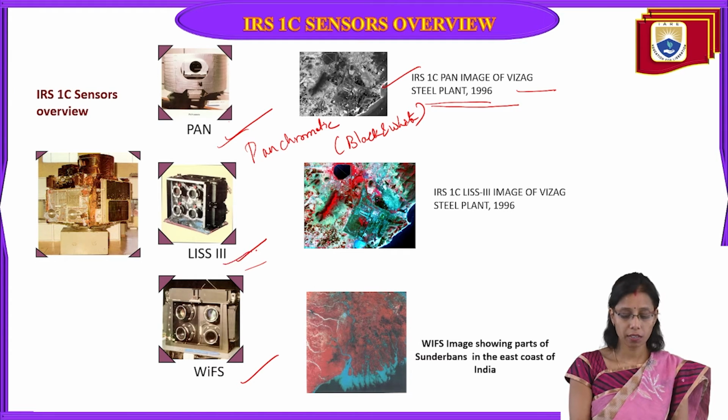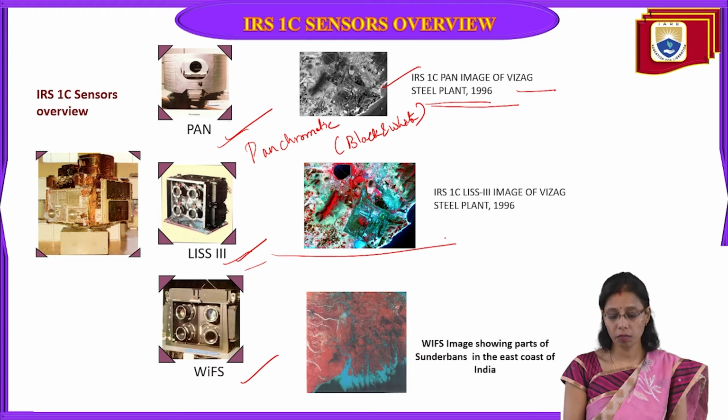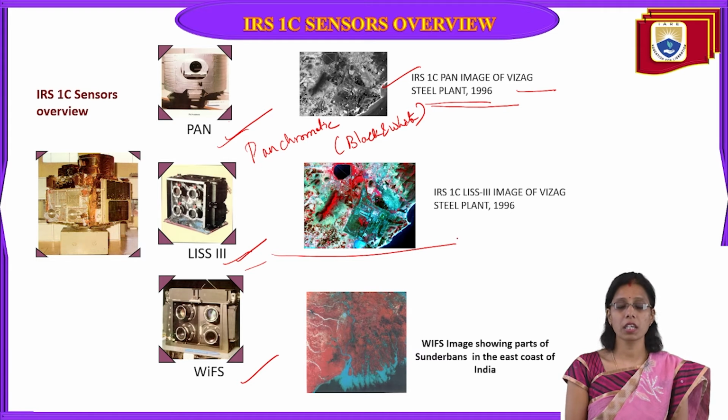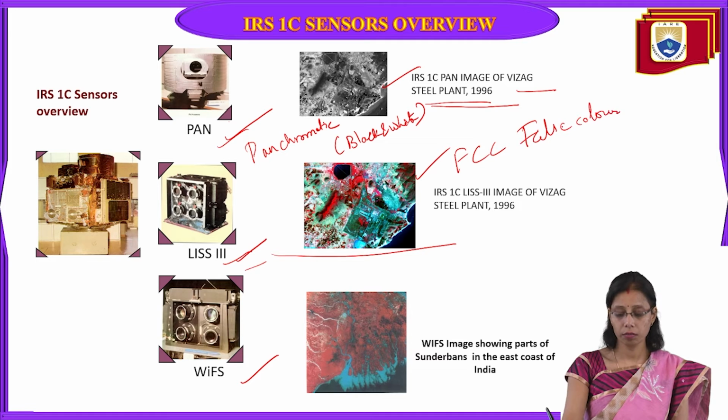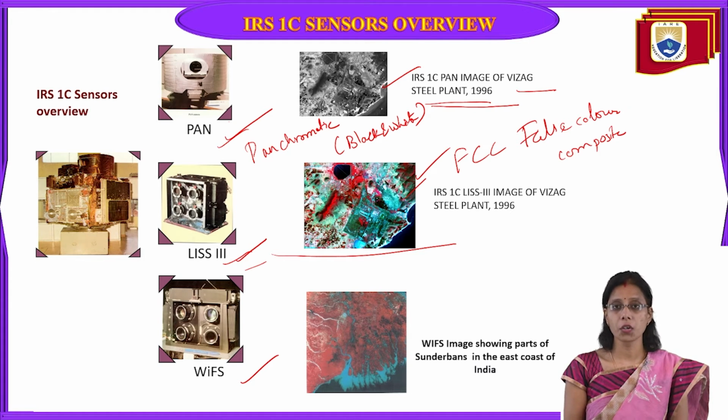Now if you see LISS-3, it will give the information for the same image in color, and that too, as we have discussed before, in FCC. This color is not the actual color. This is a false color composite, not true colors.